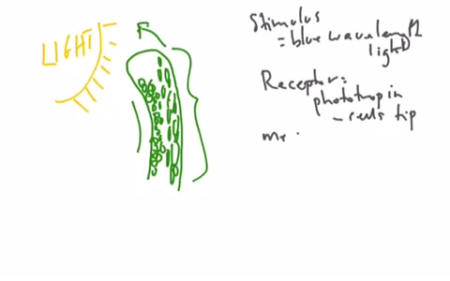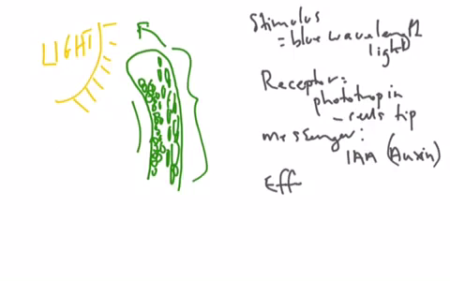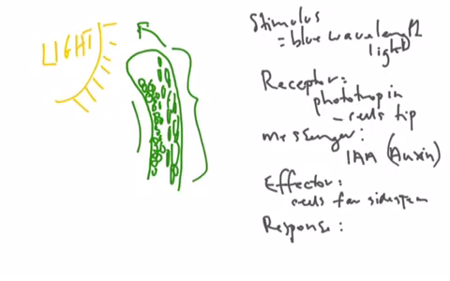The messenger molecule will be indole acetic acid, which is a kind of auxin hormone. The effectors will be the cells on the far side, away from the light, of the stem, and the response will be the bending of the stem towards the light source.